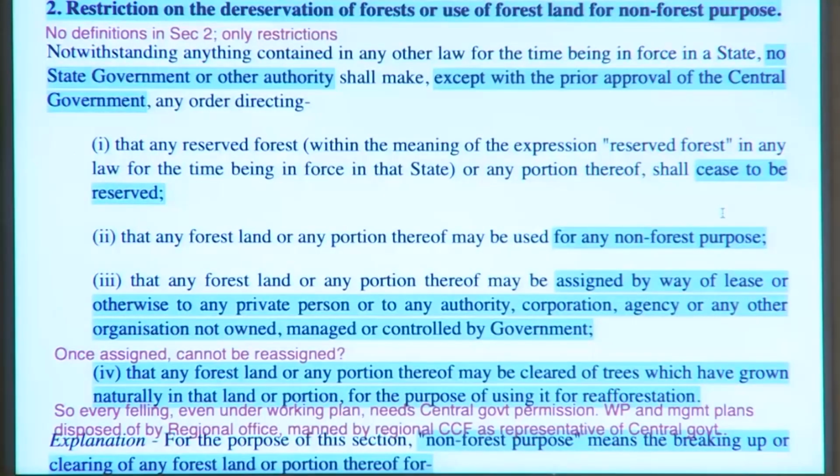Notwithstanding anything contained in any other law for the time being in force in a state, no state government or authority.